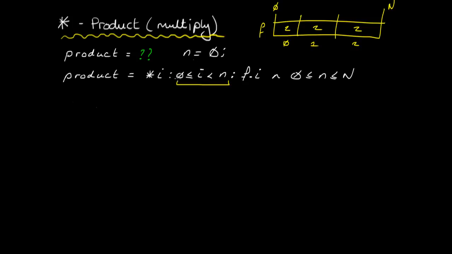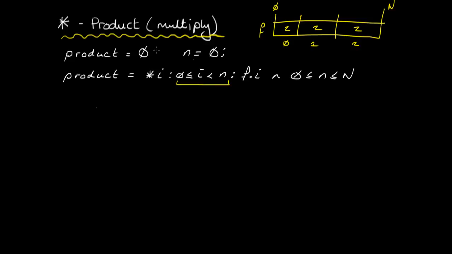So how does product behave over an empty range? Well, this is tricky because you might initially say, well, product over an empty range is 0. Well, in fact, it's not. It's 1. And the reason for that is because we're dealing with multiplication. If we set product to 0, then everything that we multiply will be 0.